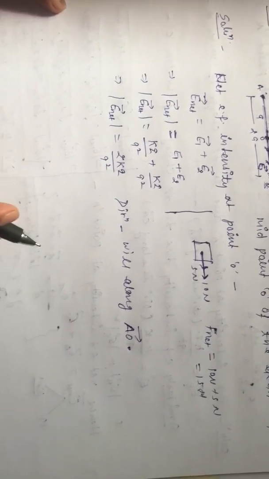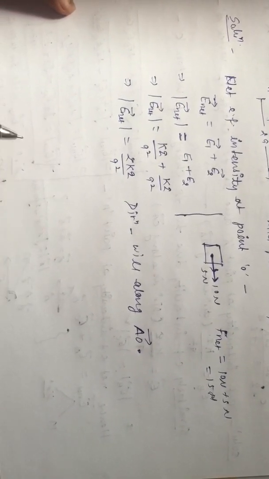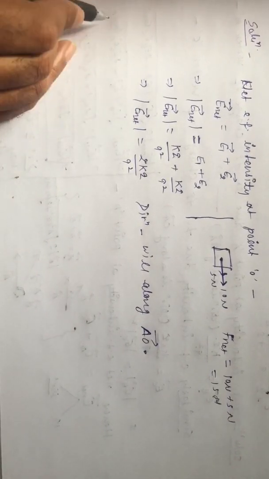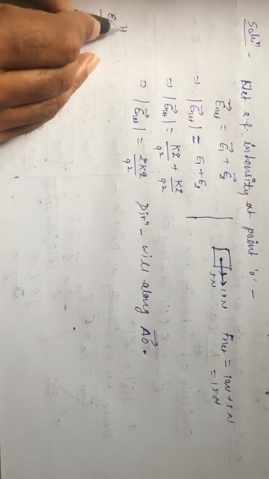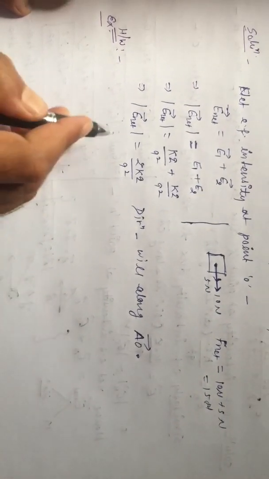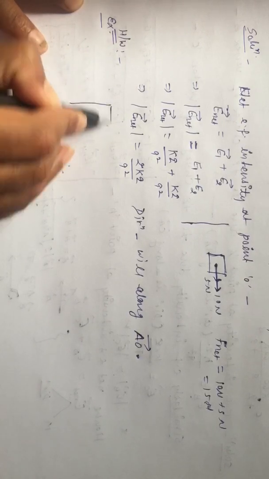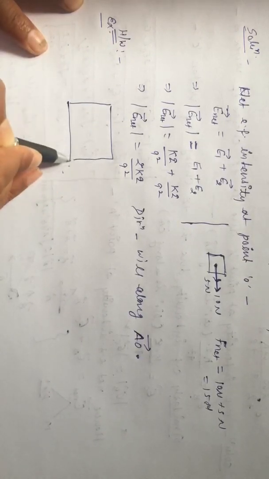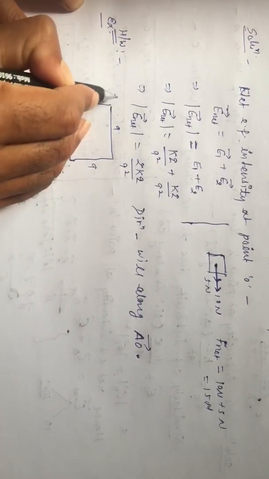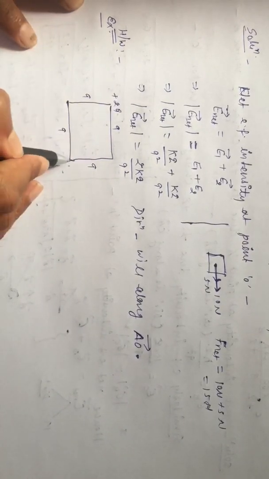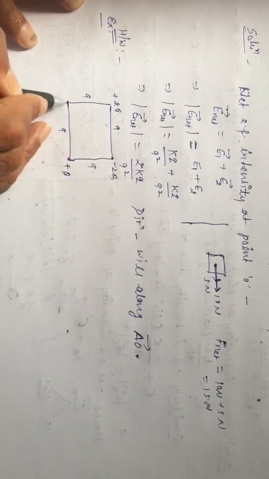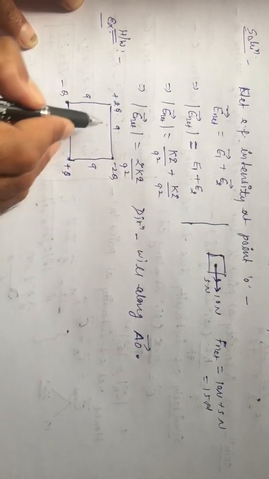Now dear students, come to the next problem, which is homework for you. You have to solve it. This is a square of side length A. Here the plus 2q charge, here the plus q charge, here minus 2q charge, here minus q charge.